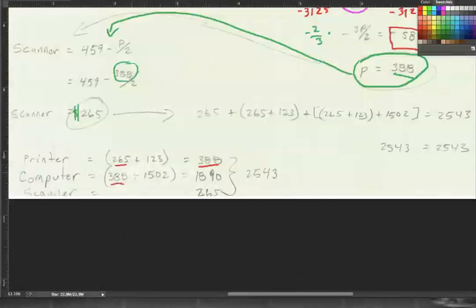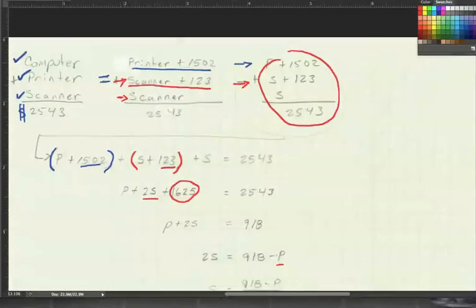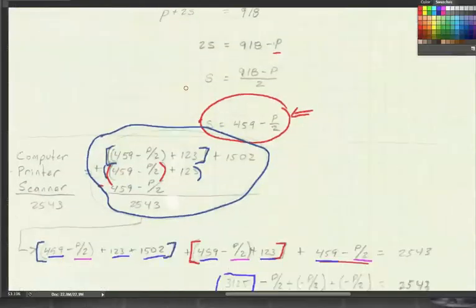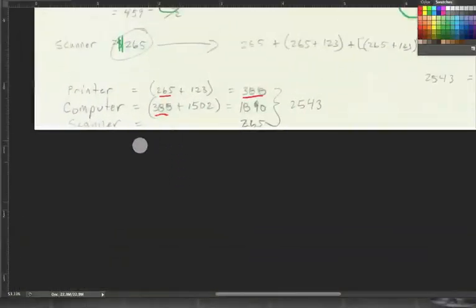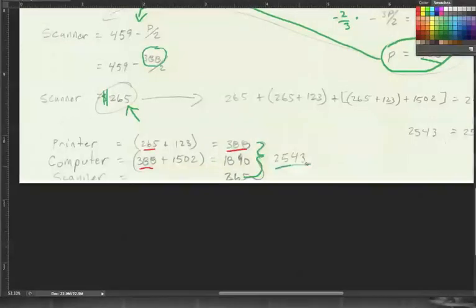I know the formula for the computer is the printer plus 1502, which is 1890. And again, we know what the scanner is because that's right up here. All three of these things equal 2543.